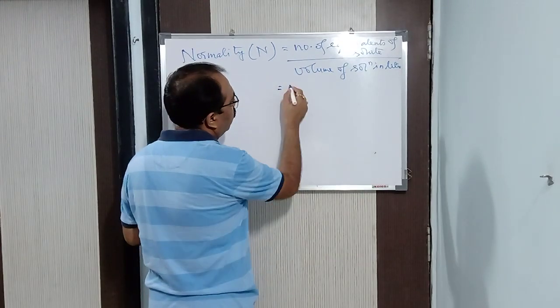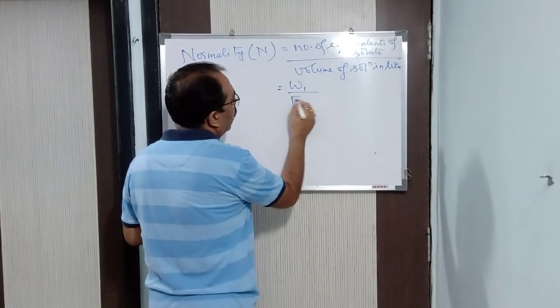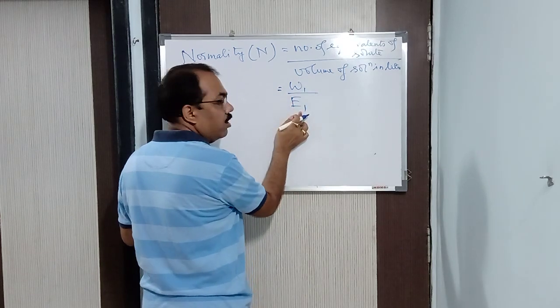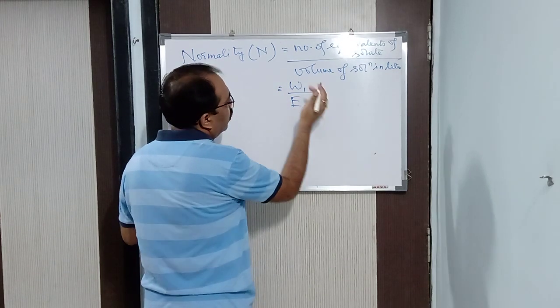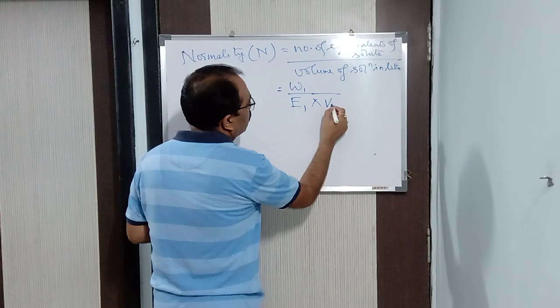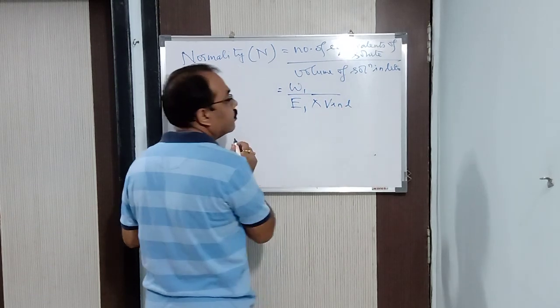How do we find number of equivalents? Weight of solute by equivalent weight of solute. I gave you the symbol already. Into volume in liters, V in liters.